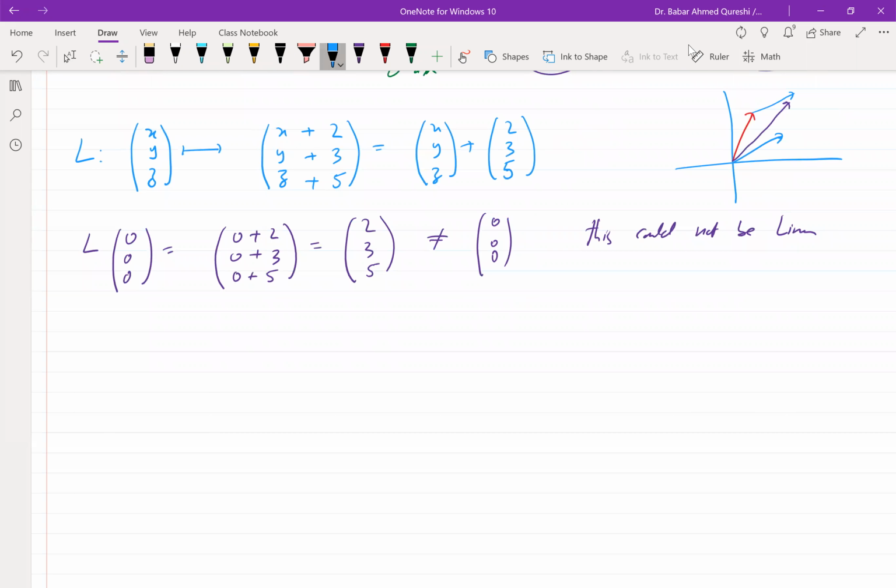And indeed, you can check one of the linearity conditions, let's check the scaling.